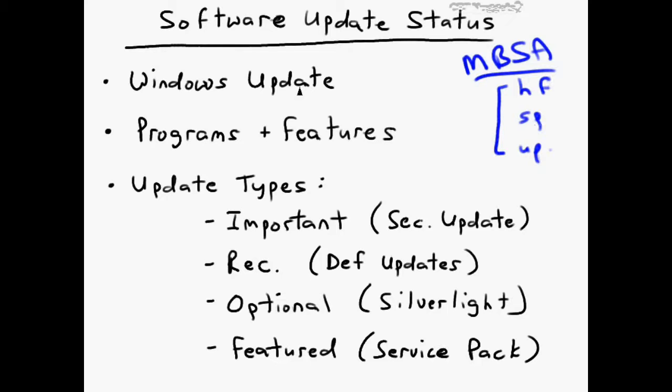When we're working directly with the workstation, there's a couple different control panels we can visit to inventory software update status. Of course, our home base is the Windows Update control panel, which has come a long way since, say, Windows XP. Windows Vista introduced a complete rewrite of the Windows Update client, and that carries forward even more so into Windows 7.